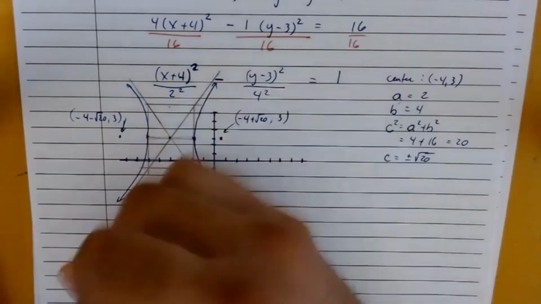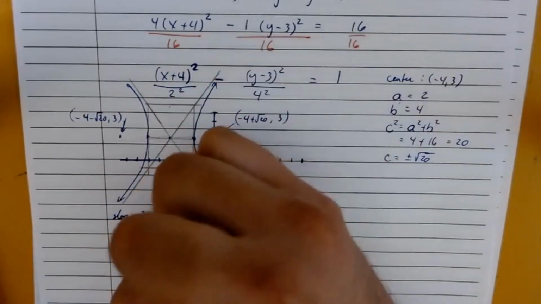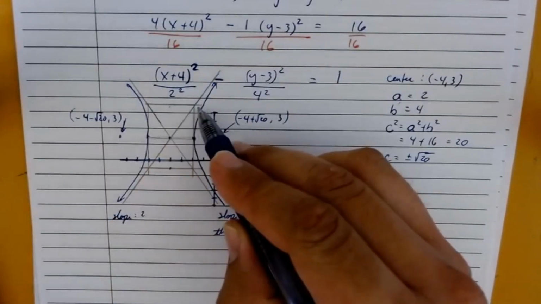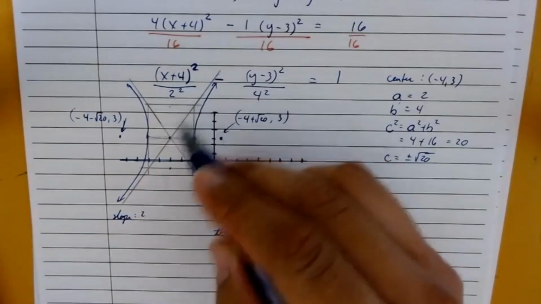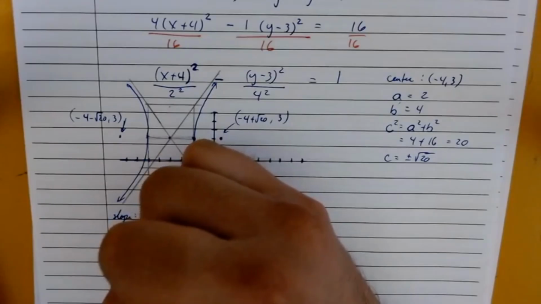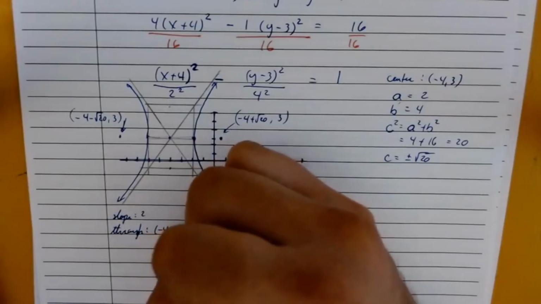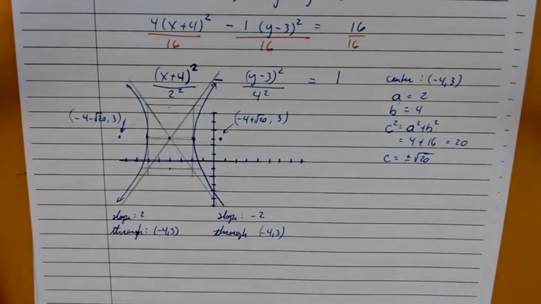This other asymptote will have a slope of +2, right? You're going up by 4 and right by 2. 4 over 2, that's the same as 2 over 1. And that's going to pass through the point (-4, 3). Same point, same center point.